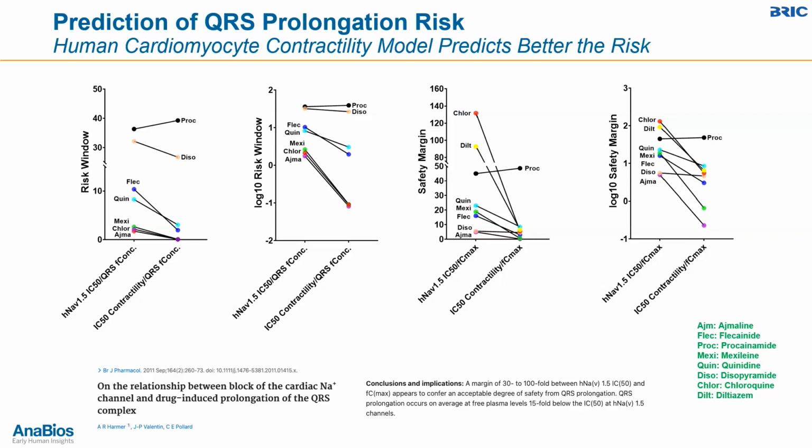As you can see from this data, we tested the same compounds that were reported in this NaV1.5 study. Using the contractility model and looking at the risk window for QRS risk and also at the safety margin, you can see that the human primary myocyte contractility model showed a better ability to predict the QRS risk.